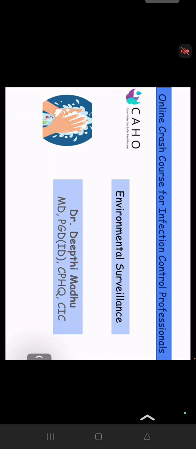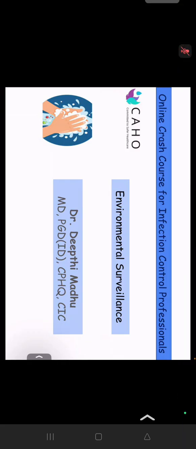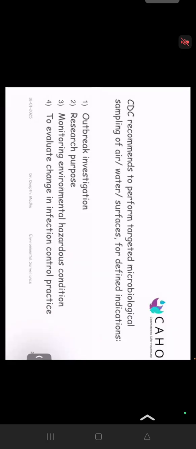Before that, I will briefly discuss the concepts and then we will go into the slides. So for a brief while, there won't be change of slides much. I'll be speaking. So the first and foremost, the most important concept that we need to understand is surveillance samples or surveillance cultures are routinely indicated only in very few contexts.